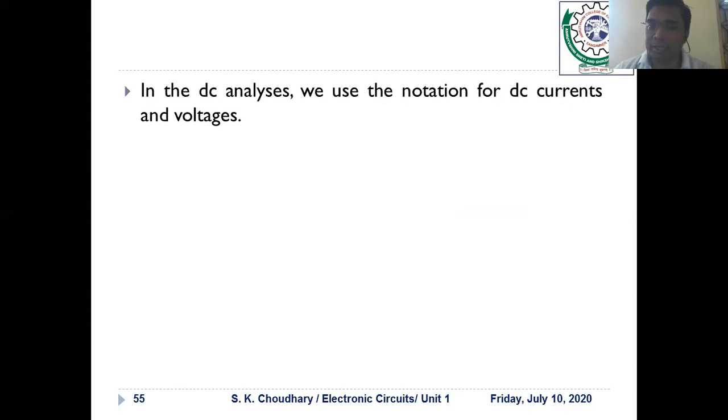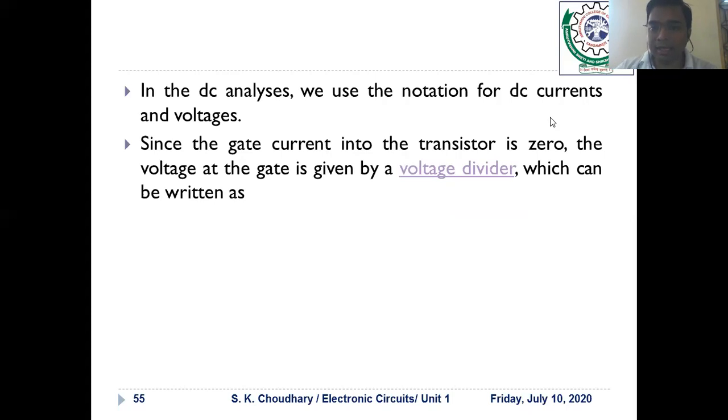Voltage V capital, current I capital, and their terminal indications are also capital, VDS, VGS. But for AC voltage or current, all the letters are small. V is small, I is small. So it is the indication of AC voltage and current.